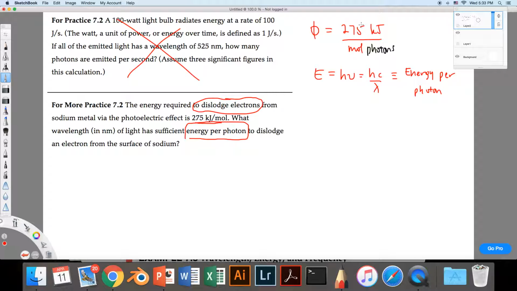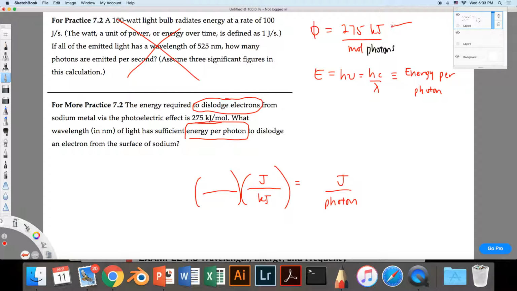Remember that? Okay. So first of all, let's convert the energy of a mole of photons to the energy per photon. Okay? So the energy per photon is going to be joules, kilojoules, right?